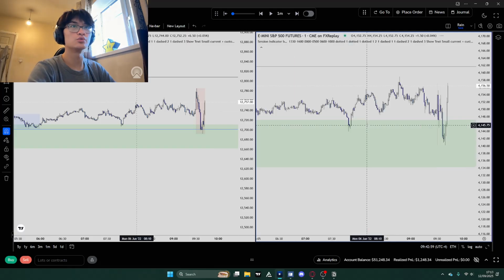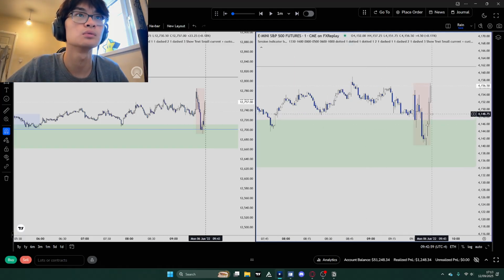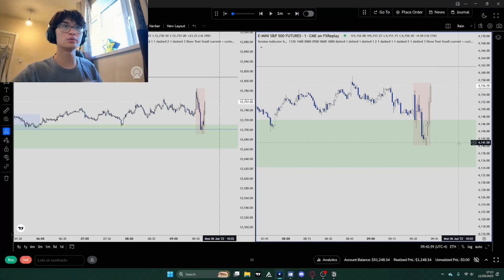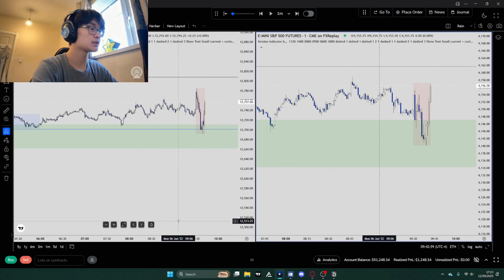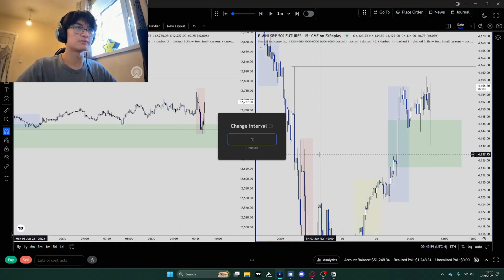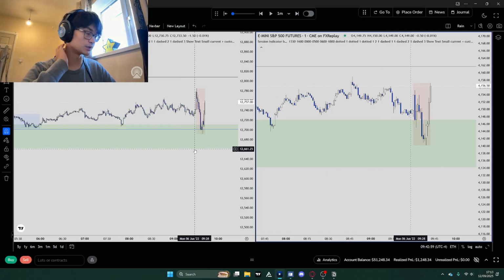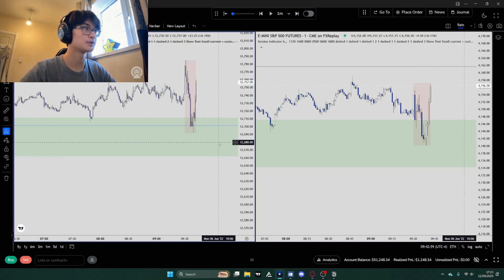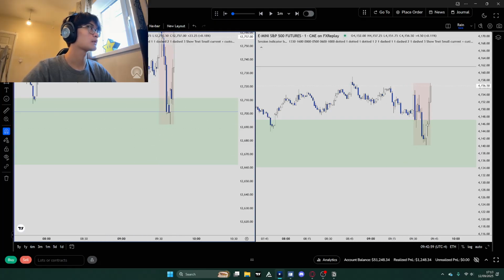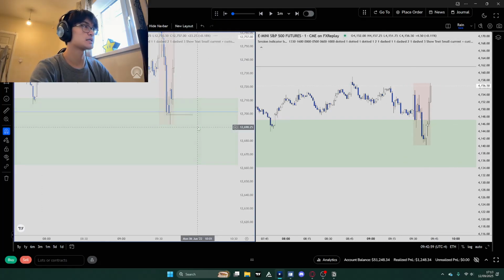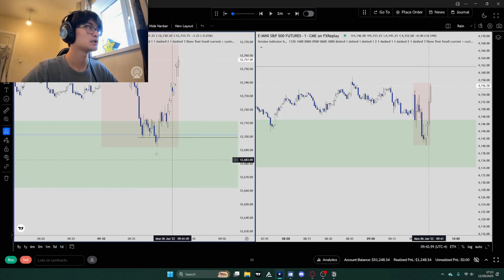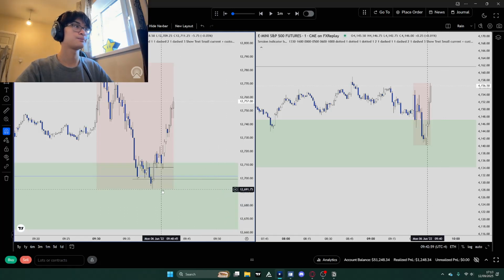Now I really do want to use like the 15-second charts. I would just want to tape read instead of acting upon the trade. And I do expect there to be a model right here. Yeah. So this is literally textbook model. Beautiful.